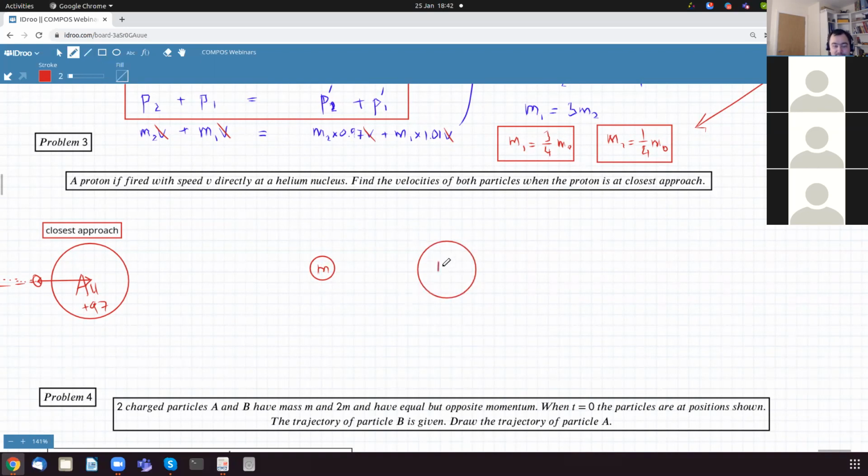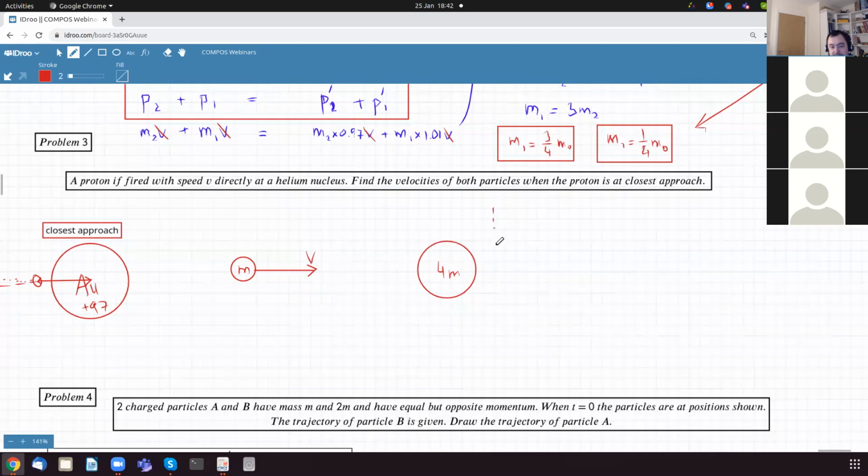For the purpose of this question, 4m is more than enough accuracy. So before, this one is stationary, and this one is flying with velocity v. Find the velocity of the particles when the proton is at closest approach.